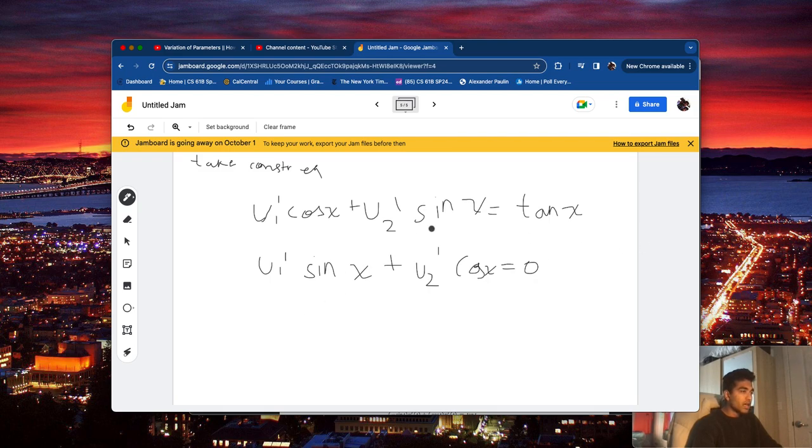If you multiply everything by cos, this would turn to cos square, this would be cos sine, and this would be tan x cos x. Then what we can do in this scenario is eliminate.